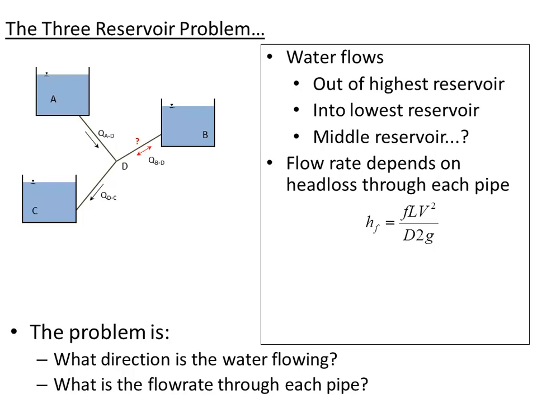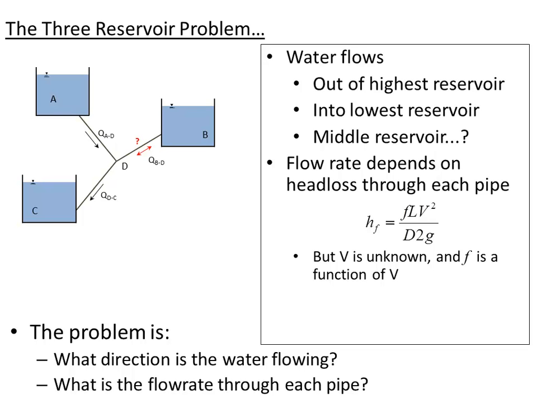And so if the water is going from D towards C, the head at D has to be greater than the head at C. And so we're going to try and write the energy equation between 2 points in terms of the direction of flow. So we're going to be using this head loss term to find out how much energy difference there is between 2 points. But the problem in applying that is that we don't know the velocity through the pipe.